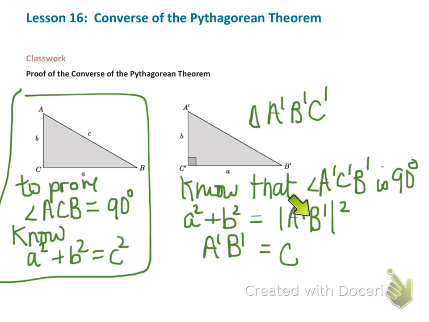These two things have to be equal because a squared plus b squared is c squared here, okay? So this length here we now know is c. So what we know now is that these two triangles have identical side lengths. This one has a right angle.